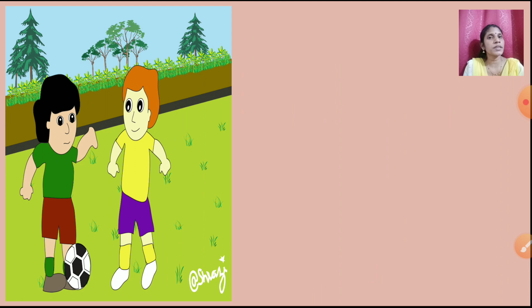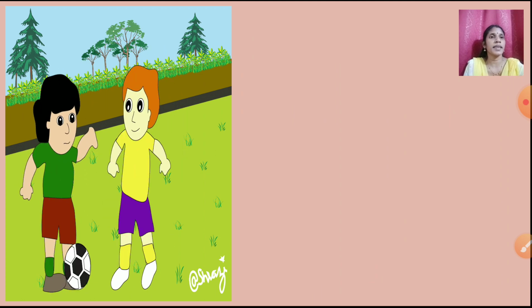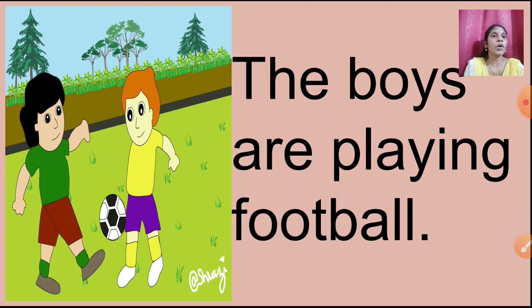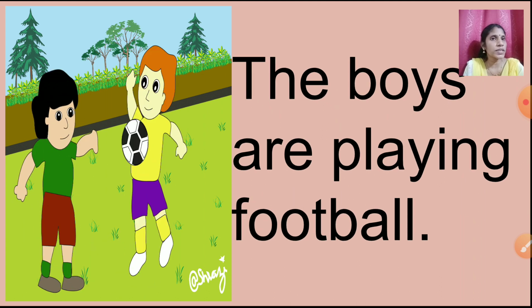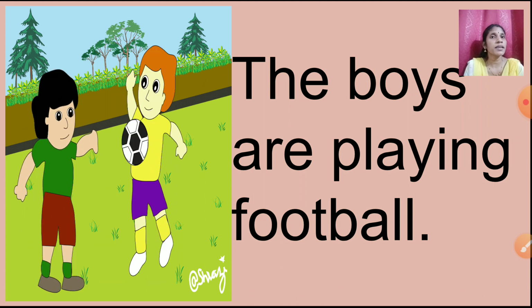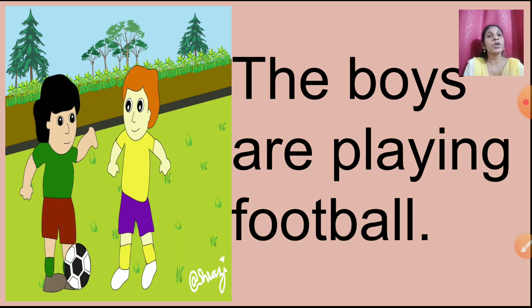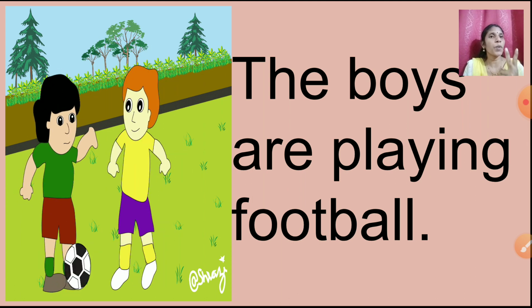Now tell me children, what are the boys doing? Yes, the boys are playing football. Here you can see we are talking about two boys.